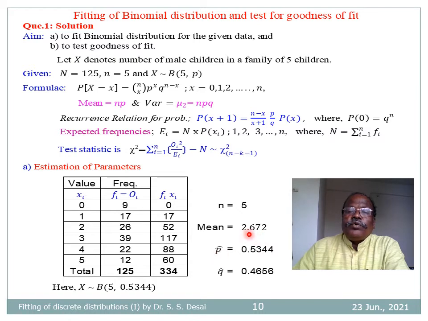Therefore, p equals 2.672 divided by 5, and that is equal to 0.5344. This is the estimated value of p, and q is 1 minus p, that is 0.4656. And here X follows binomial (5, 0.5344).